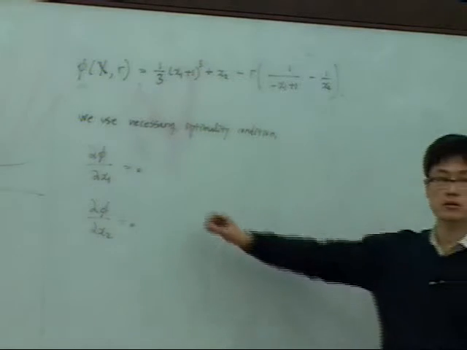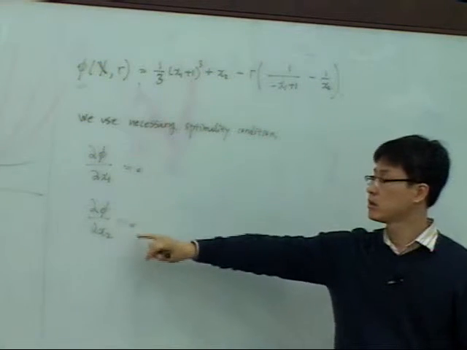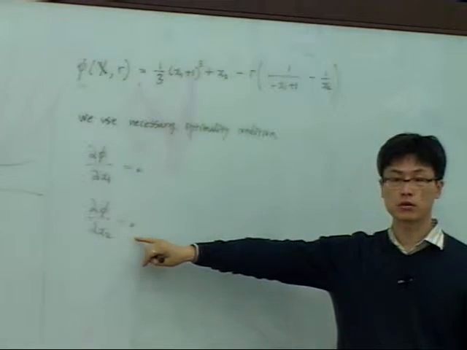Del phi over del x1 is equal to 0. Del phi over del x2 is equal to 0.